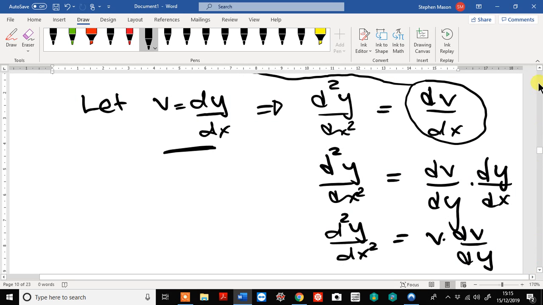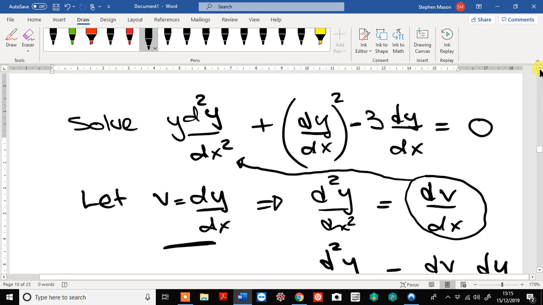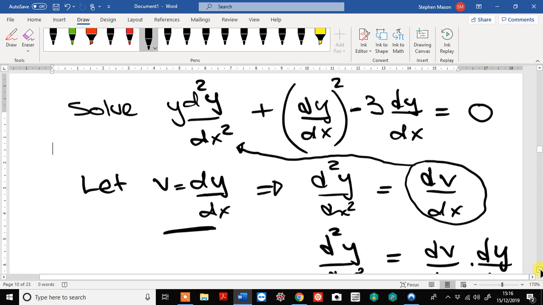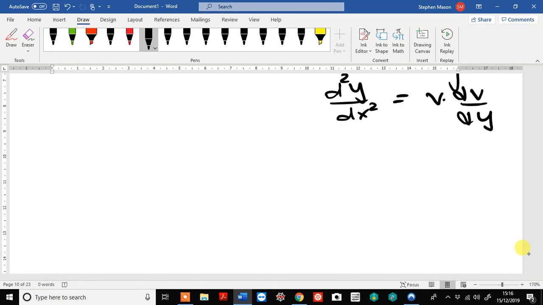So there you are. Now, if we just go back to the original equation, we've got y d squared y by dx squared, which we'll rewrite as y v dv by dy. And what have we got now?